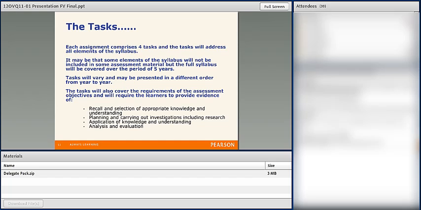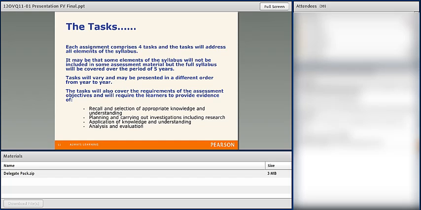The tasks will also cover the requirements of the assessment objectives and will require the learners to provide evidence of recall and selection of appropriate knowledge and understanding, planning and carrying out investigations including research, application of knowledge and understanding, and analysis and evaluation. And those 4 bullet points refer to the 4 assessment objectives.